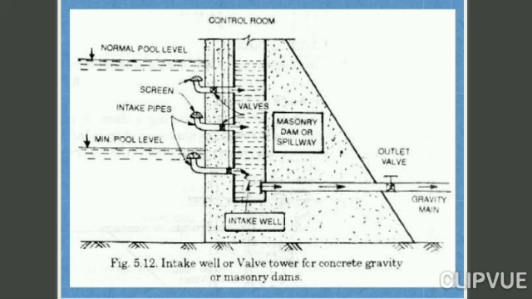In the structure, there is a valve room from where the valves of intake pipes can be operated, and when the valves of the intake pipes are open, water is discharged from the reservoir to the outlet pipe through the common vertical pipe. Okay, these are the different types of intakes or intake structures. Thank you everyone.